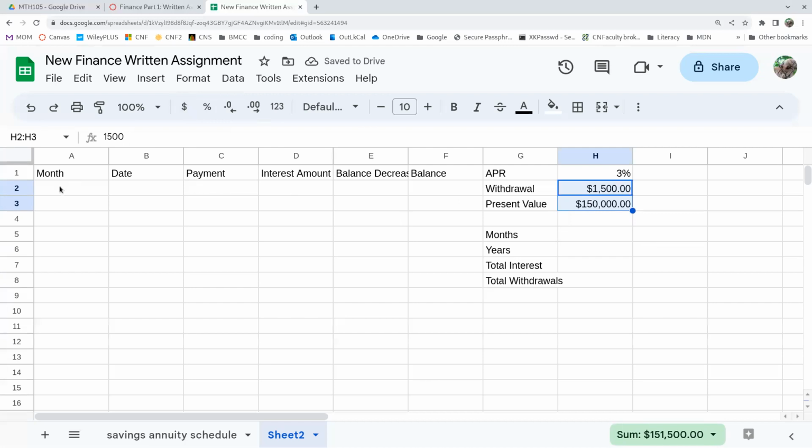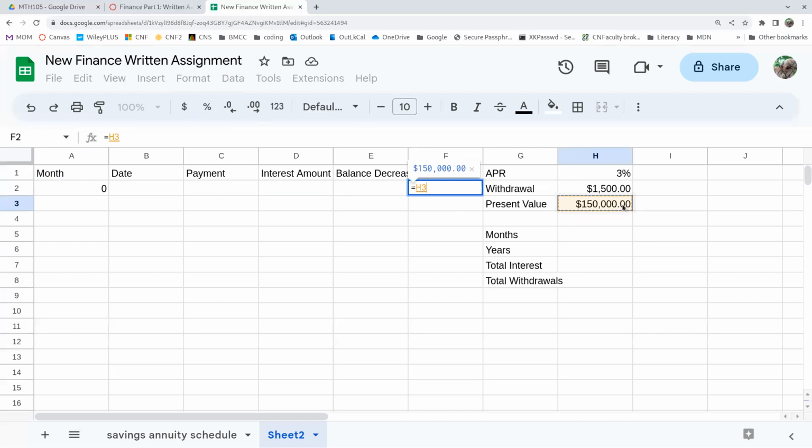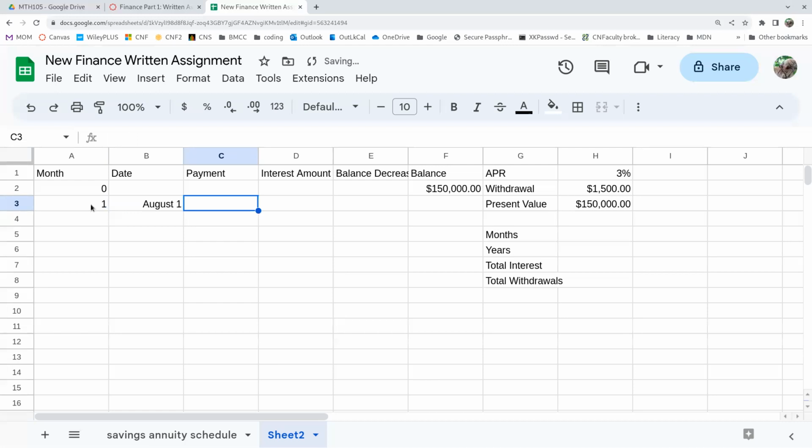So filling out stuff here in month 0, right before I start pulling stuff, I am going to have a balance that is equal to the present value there. And then after that, month 1, let's say that's going to be this month. Make that August 1. Okay, so that says payment, that should be withdrawal.